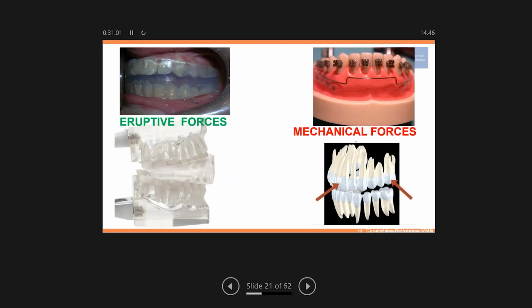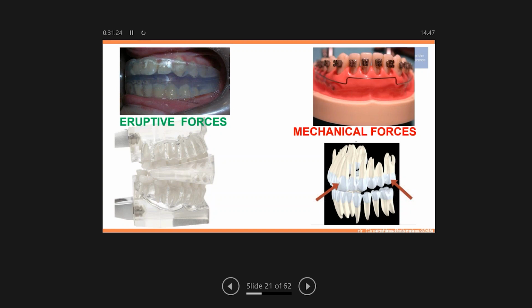And if we come back to the clinic, comparing the use of an appliance that is able to guide the eruption of the teeth with a fixed therapy, like in the slide with the use of a utility arch, we will see that in the mechanical therapy, we will use mechanical active forces.